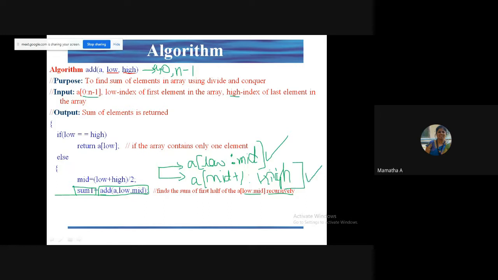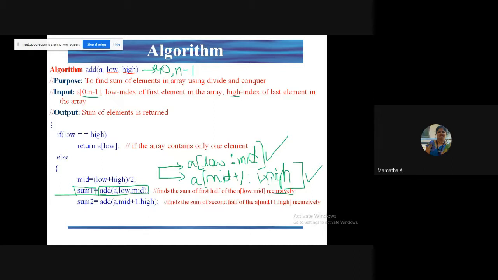Now I should solve the second half. So how do I solve the second half? What should I write now? Sum2 is equal to add of A comma mid plus 1 comma high. Why? Because my second half starts from mid plus 1 and ends with high.